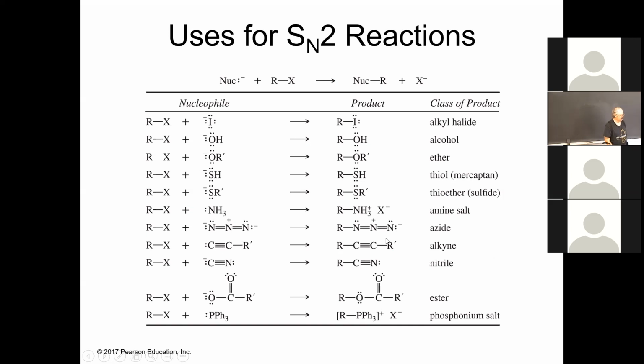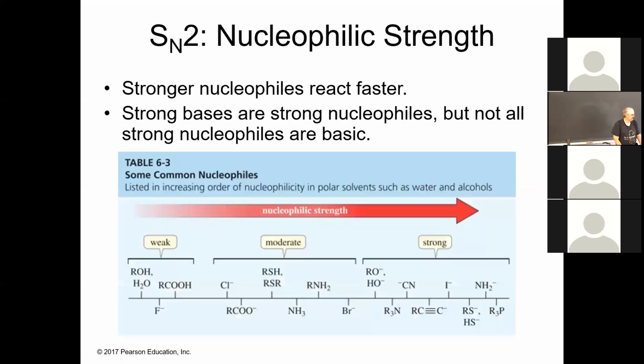We can make longer chain alkynes. We can make nitriles, esters, phosphonium salts. Those reactions will all follow the same pattern as the reaction of iodomethane with hydroxide.